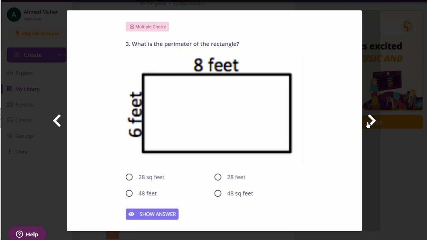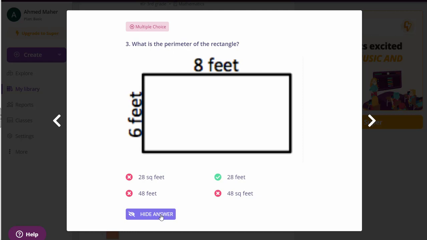What is your answer? 48 square feet. So you will multiply 6 times 4. No. If you multiply, this is area. But here we need to find perimeter, not area. So 6 plus 8 plus 6 plus 8. Okay, so it will be 28, not square feet.